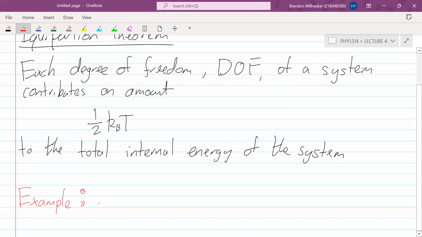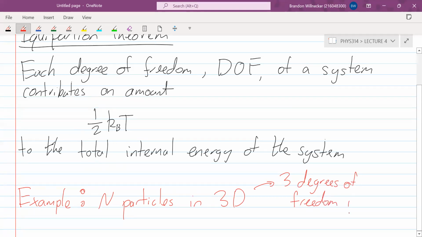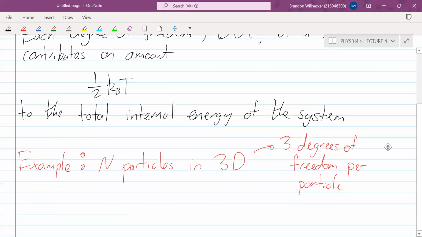So for example, N particles in 3D. By 3D, we mean 3 degrees of freedom per particle. We have 3N amounts of this, because remember, it's the 1/2 kBT for each degree of freedom. If you have N particles, it's going to be 3 times N times that.